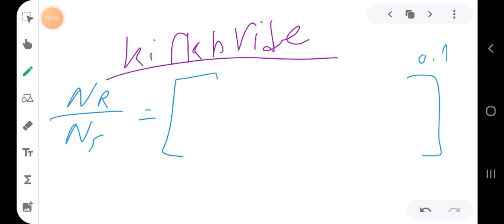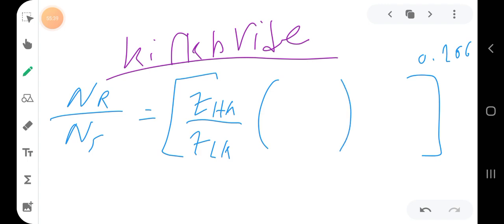Inside the square brackets we have the feed composition of the heavy key over the feed composition of the light key. Then you multiply it by the rounded brackets squared, and inside it is xW over xD.